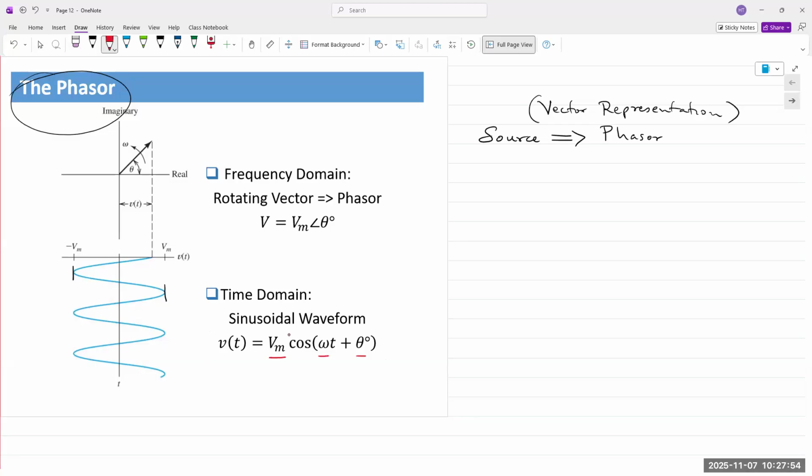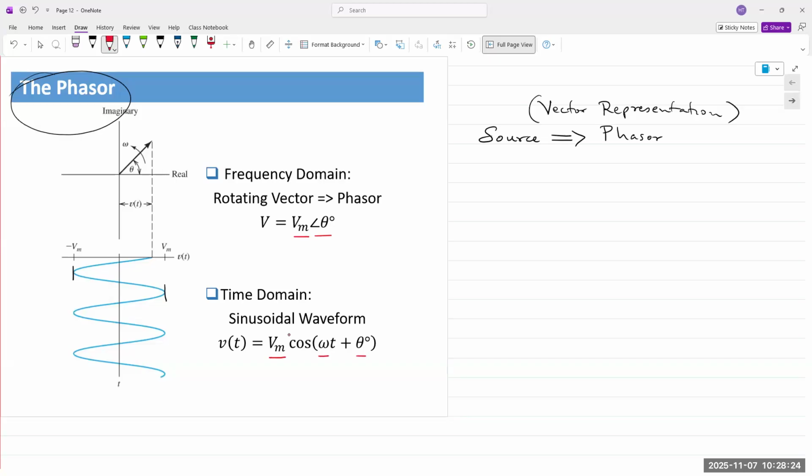If we wish to represent it as a vector in the complex plane, it's a mathematical transformation. That's all it is. We represent it simply as Vm with an angle of theta. So now it's a vector representation, mathematically, that's all. The reason we do it is so that we are able to solve the circuits the same way that we did for DC circuits.